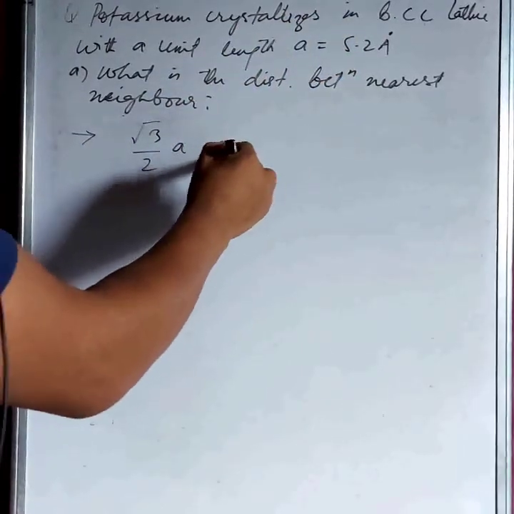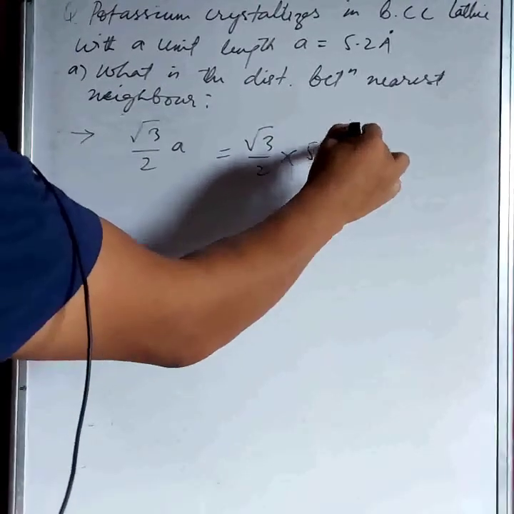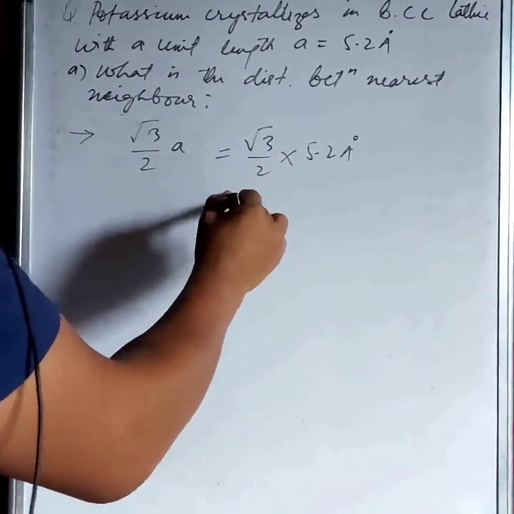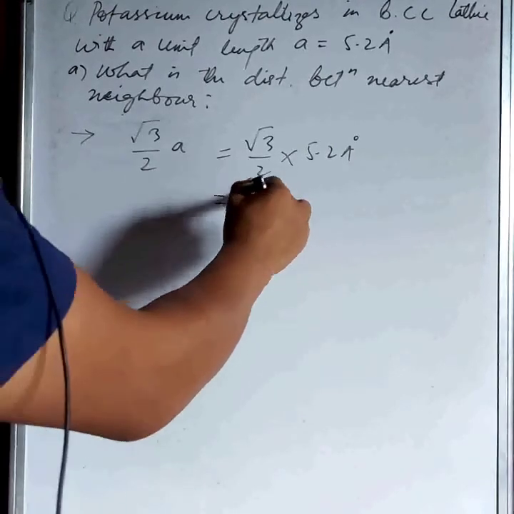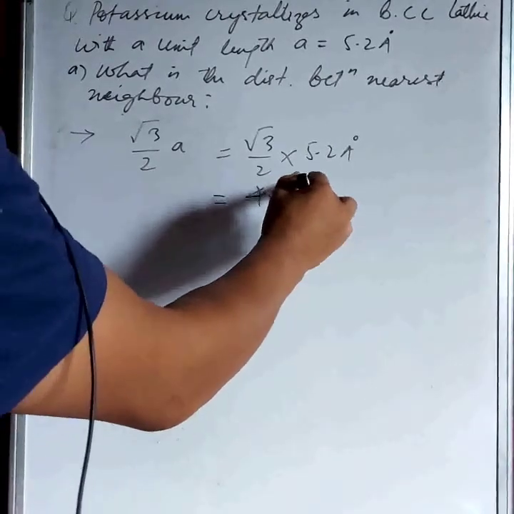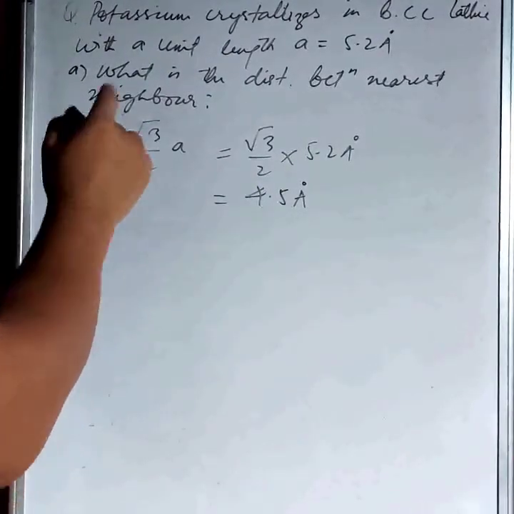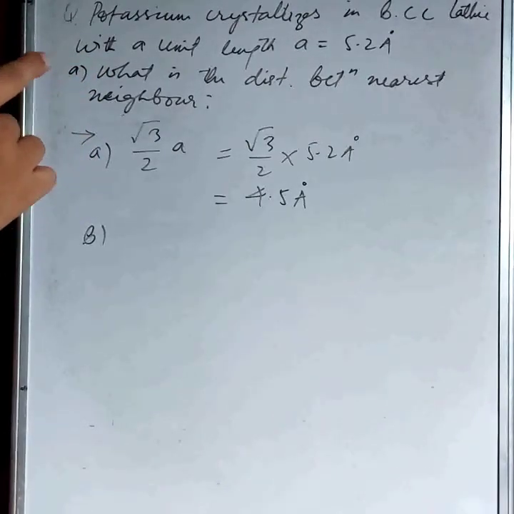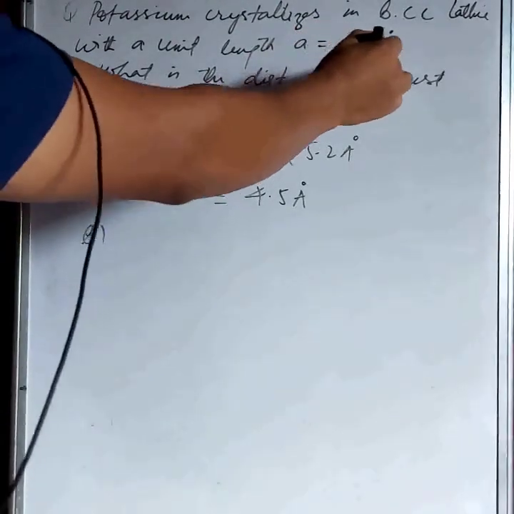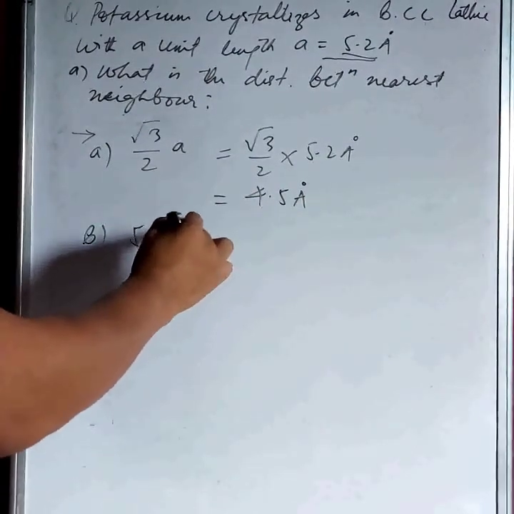So root 3 by 2 into 5.2 angstrom will give us 4.5 angstrom. That is the first answer. And for B, what is the distance between the next nearest neighbors? So the answer is 5.2 angstrom.